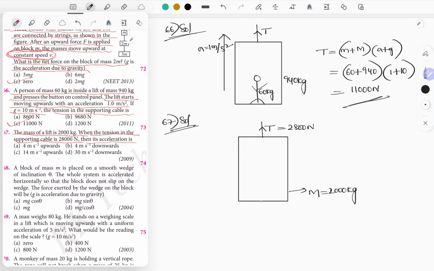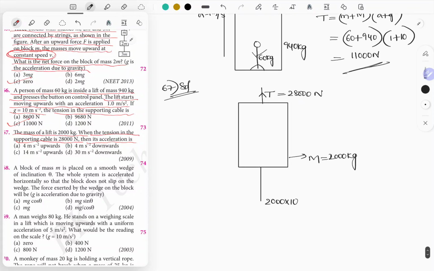let me represent the weight acting on this lift, which is going to be 2000 into g. With g equal to 10, it is going to be 20,000. The tension in the supporting cable is 28,000 newtons.